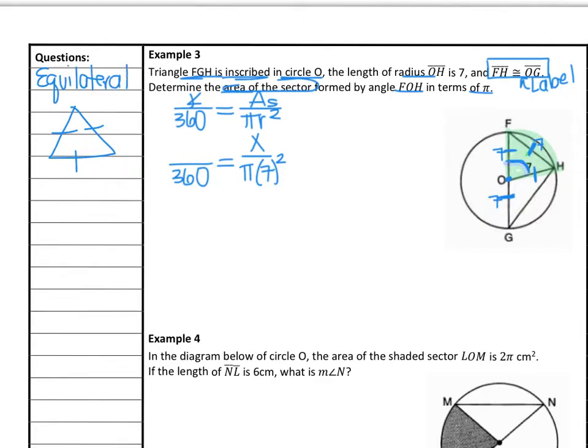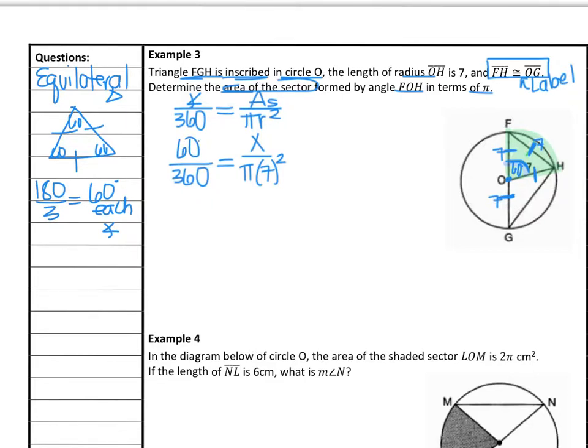If you are given an equilateral triangle, each angle is 180 divided by 3, which is 60 degrees. So that means it's 60, 60, 60. So I can apply that outside knowledge: the central angle we're working with is 60 degrees.